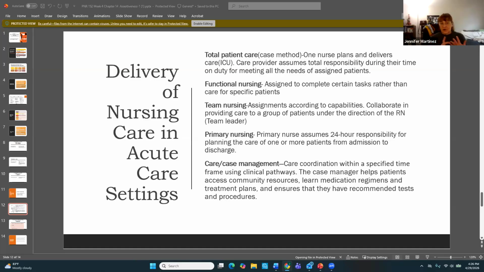She follows up on their blood sugars, what's their diet, any concerns. Then she goes into the chart, and if there's a concern, she can message the provider on behalf of the client.